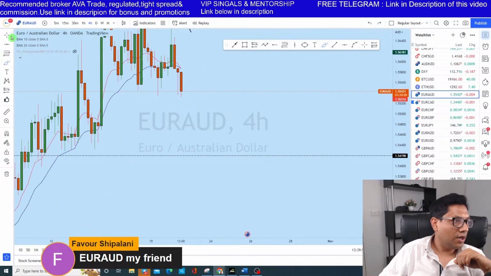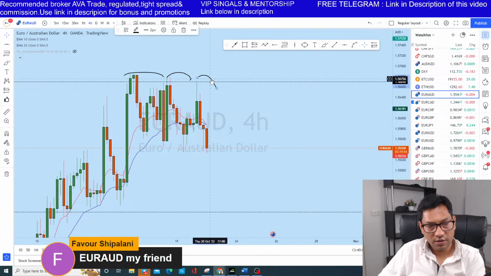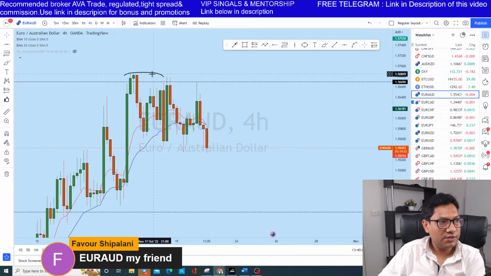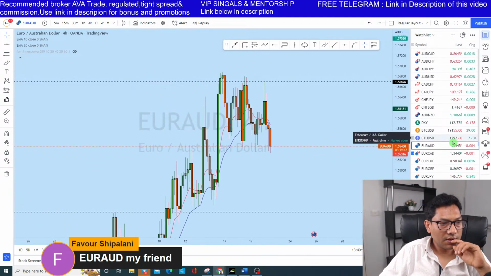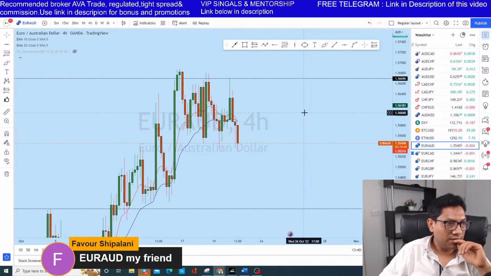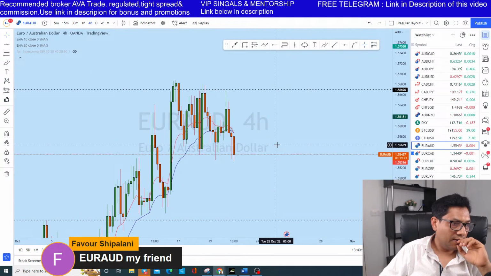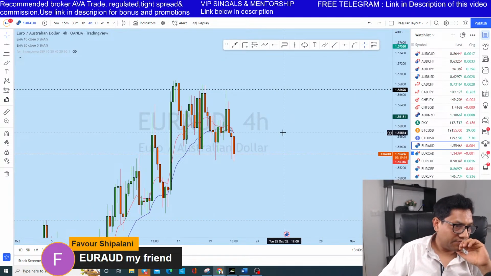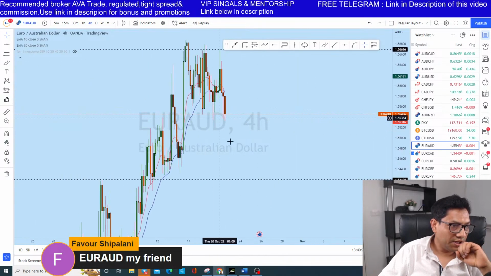With that being said, Euro AUD has created this pricing. I think it's going up for a retracement. For me it's a reversal.